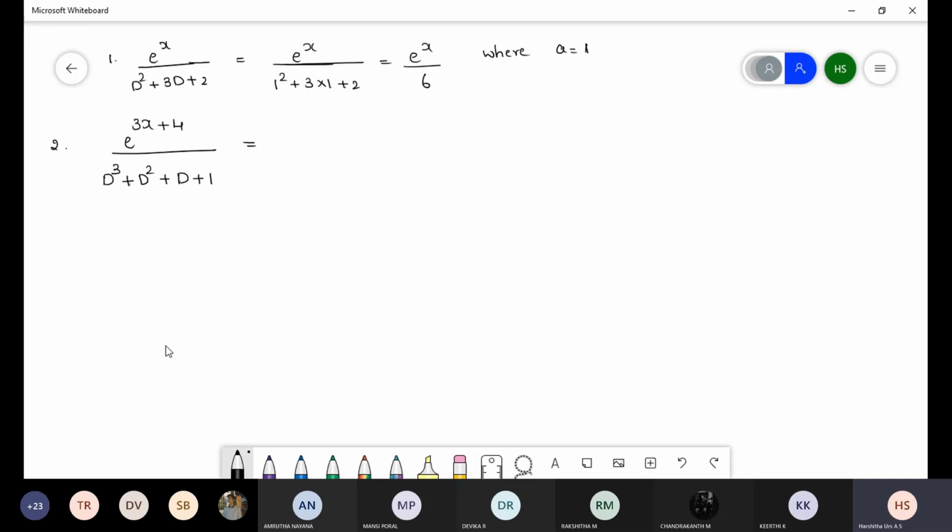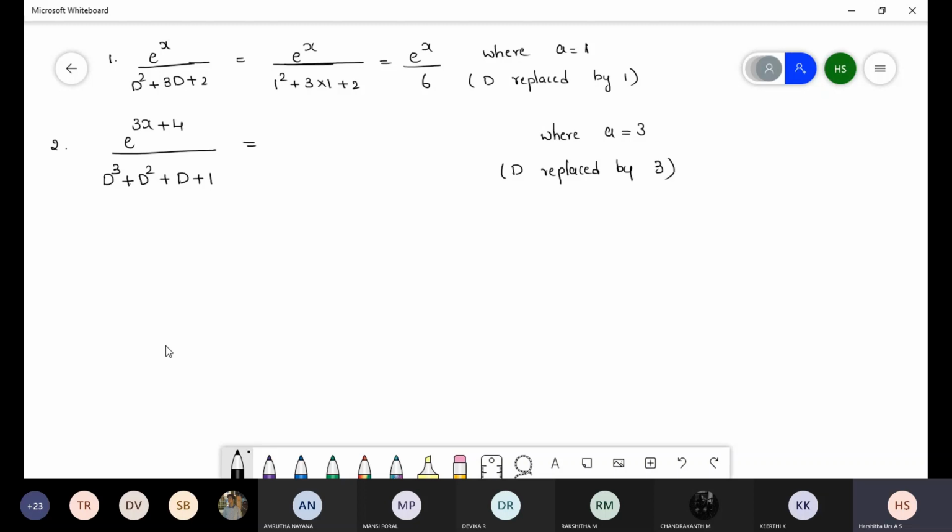Second one, e power 3x plus 4 divided by d cube plus d square plus d plus 1. Here our a value is 3. So D is replaced by 3. It will become a practice for you.